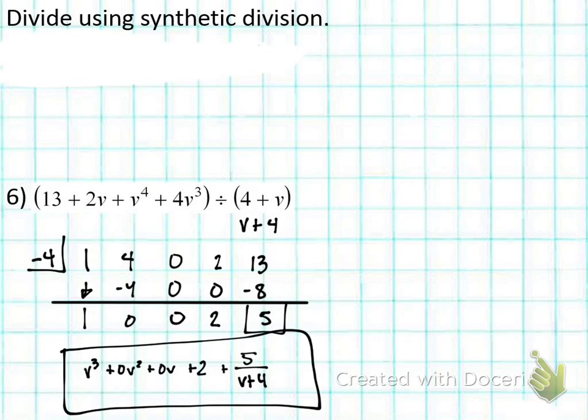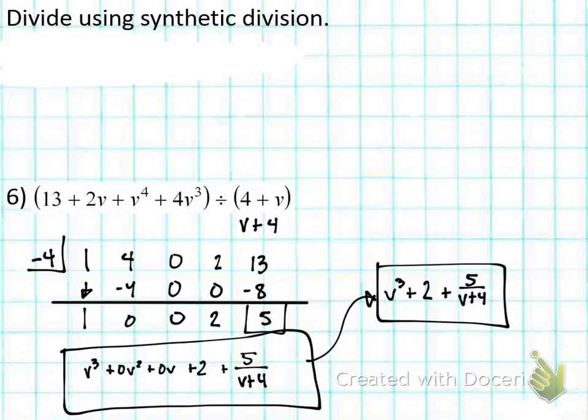That's totally legit. But 0 of anything, it's like, I have $0 million. Who cares, right? So let's make this look a little bit better. V to the 3rd plus our constant of 2 plus 5 over v plus 4. Okay? So that's how you do number 6.